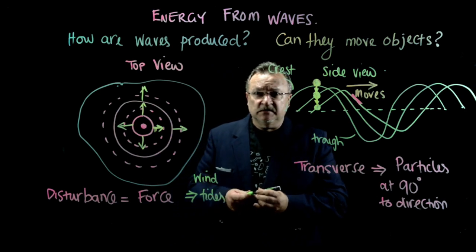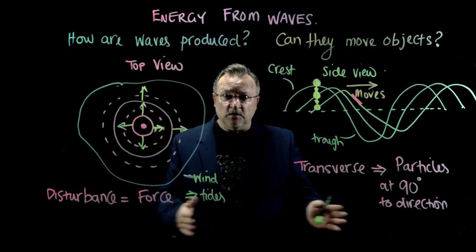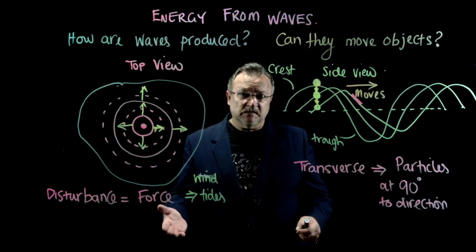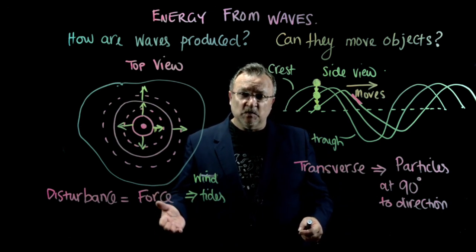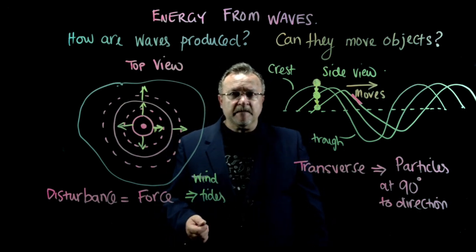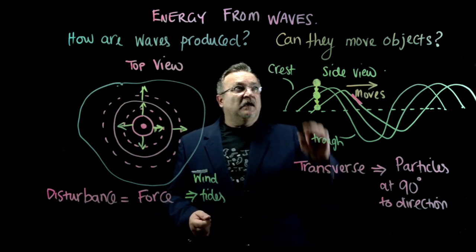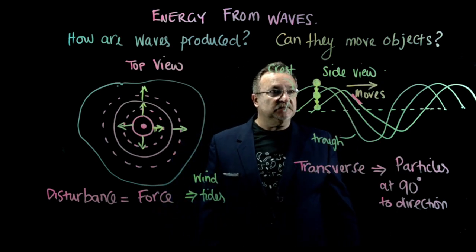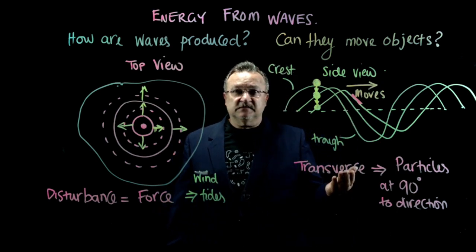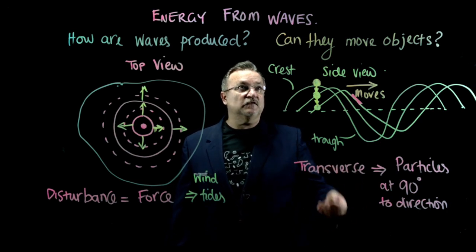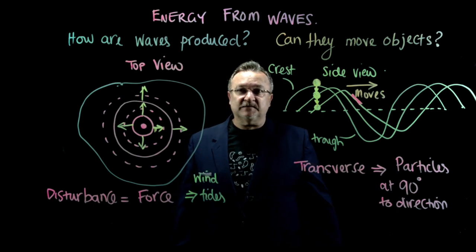So the energy sloshes backwards and forwards as a disturbance causes the water to rise and fall. Can they move objects? Well, yes. Here is an example, the surfer being moved. So these waves do have energy and they can apply force. So as a consequence of that, they can move objects.